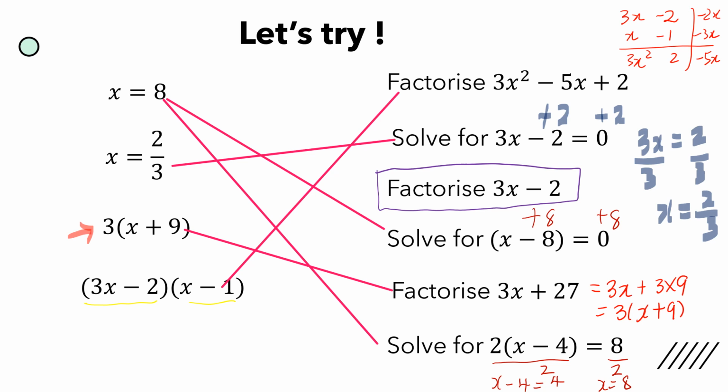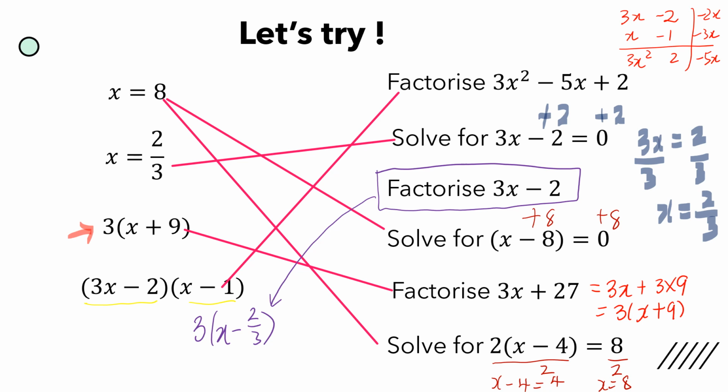Most of the time you won't see exam questions like that. But you can still go ahead and factorize it, even though there is no common factor. You can still extract the 3 out, and what you have here will be 2/3. So you can still factorize it to get 3 bracket x minus 2/3.